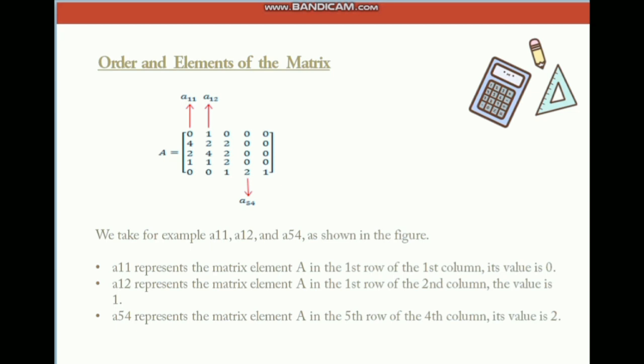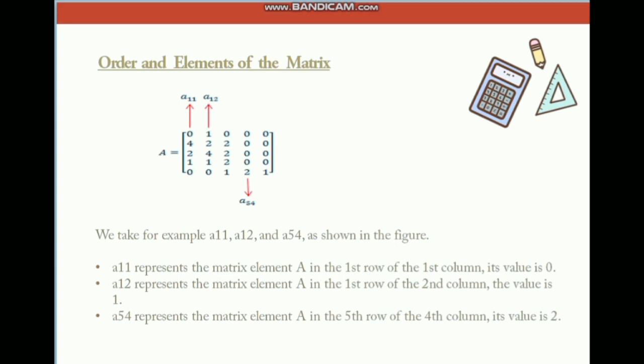For example, in matrix A above, the number of rows is 5 and the number of columns is also 5. Then the order is 5 times 5, or we can write A 5 times 5.